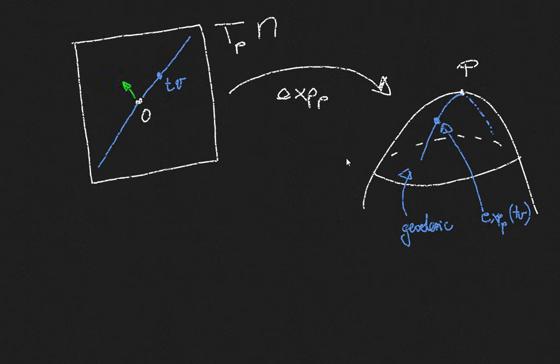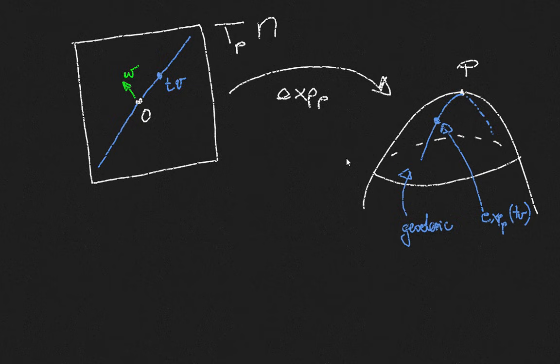Now, if we select some W here, which expresses the variation of the Jacobi vector field you want to build, so the variation vector field you want to build as a Jacobi vector field, we can consider the differential of XP at the point TV.